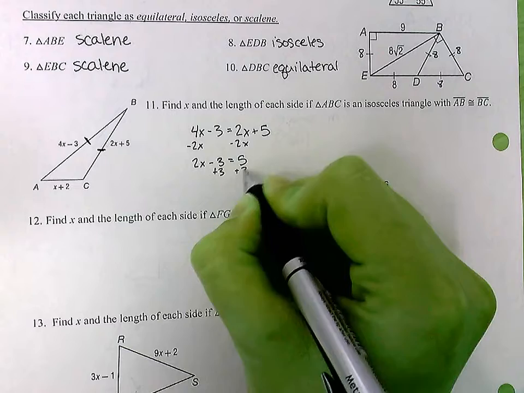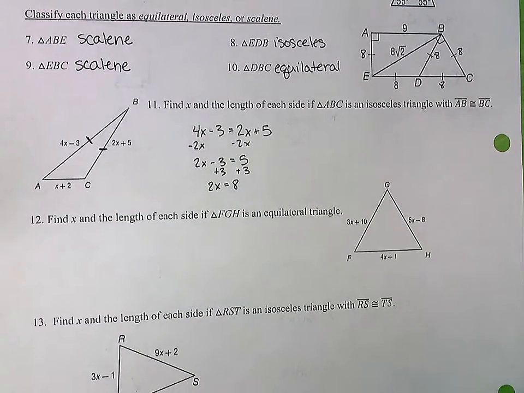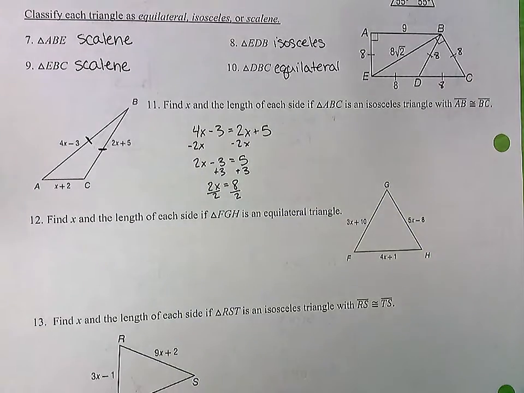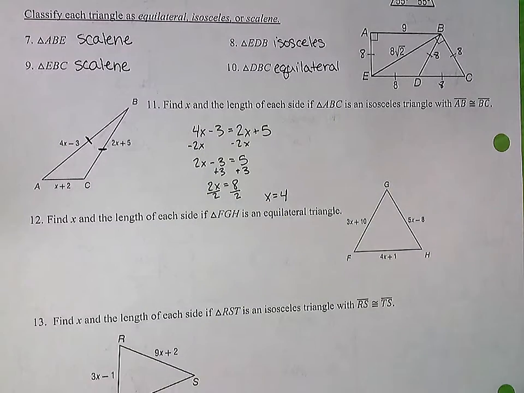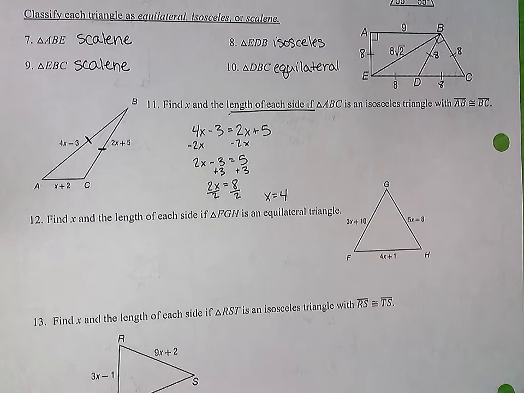Add 3. So I have 2x equals 8. And divide by 2. Okay, so x equals 4. Now we want to find the length of each side of that triangle as well.